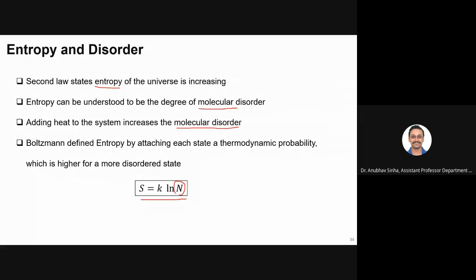In a crude sense, n is the number of ways in which the molecules can be arranged. There could be different permutations and combinations. Whatever we can do with the given system has to be accounted for, and that will give you n. And K is Kb, the Boltzmann constant, and this gives you entropy in absolute terms.